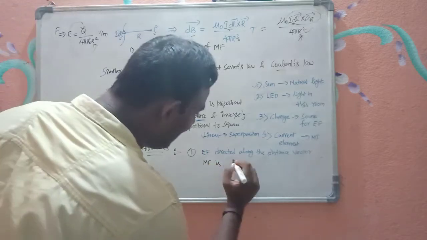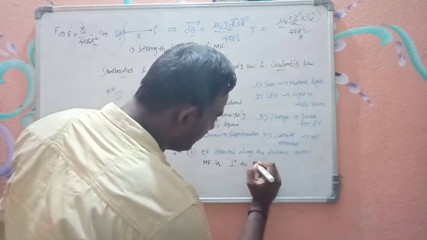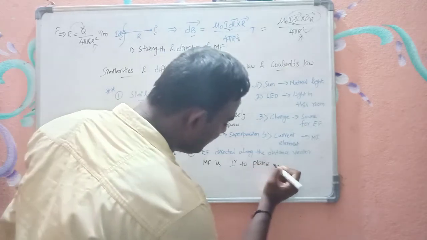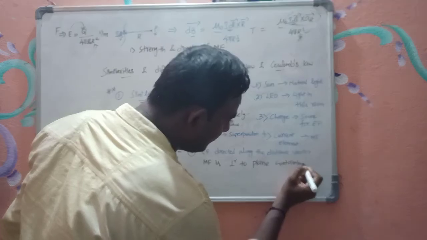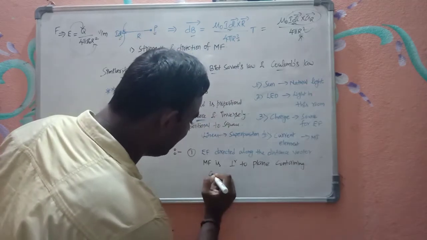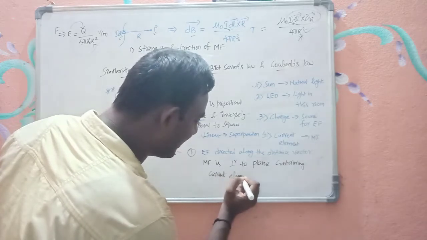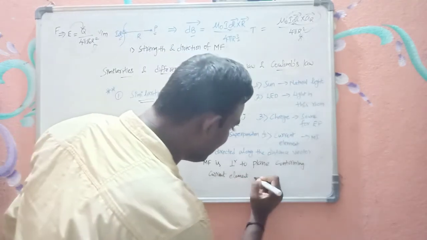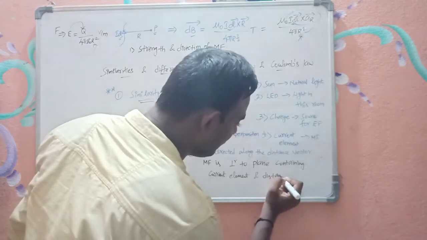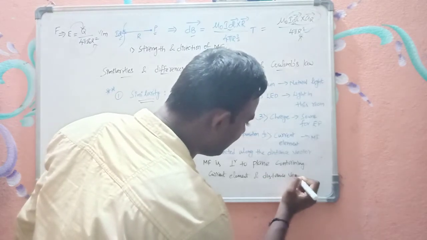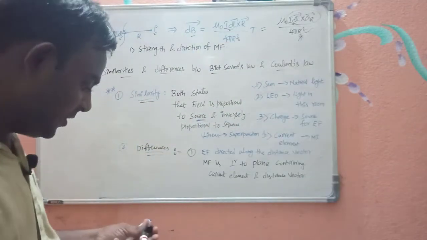So the magnetic field is perpendicular to the plane containing the current element and the distance vector.